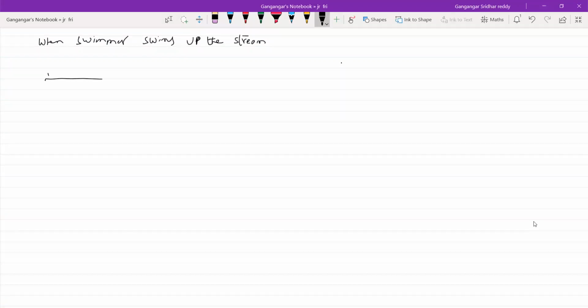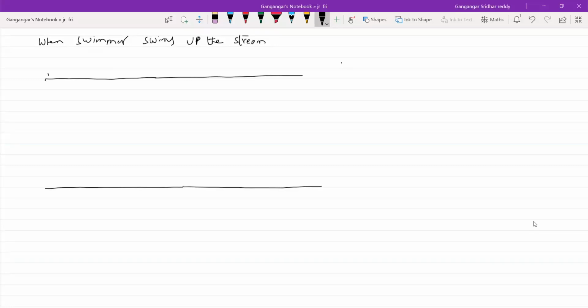There's a river bank. Sir, when we say down the stream, we mean that the velocity of the river and the velocity of the swimmer with respect to ground in x direction are the same, directed in the positive x-axis. Here it is better to say that the component of Vsr will be along Vr. That's called down the stream.